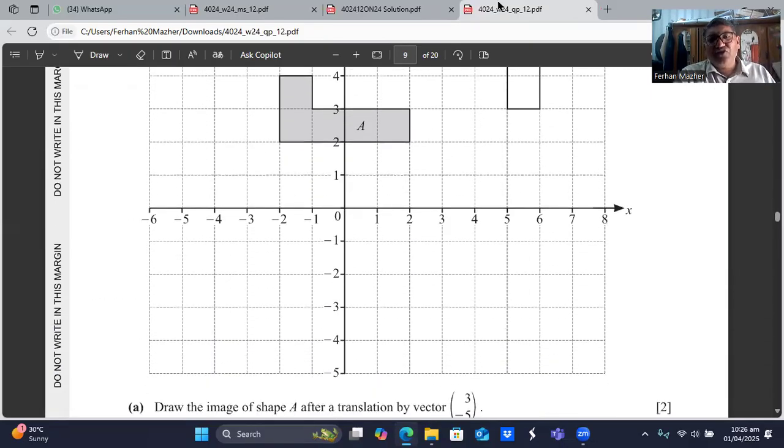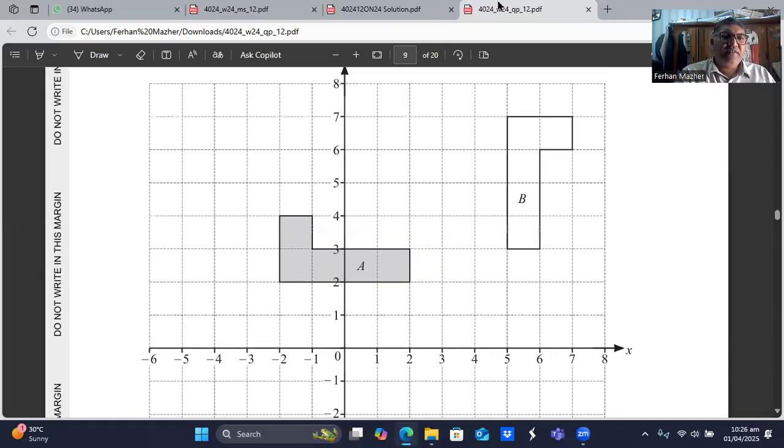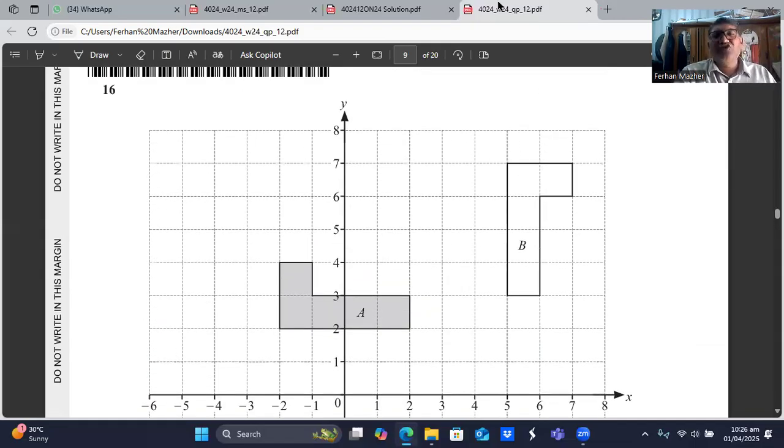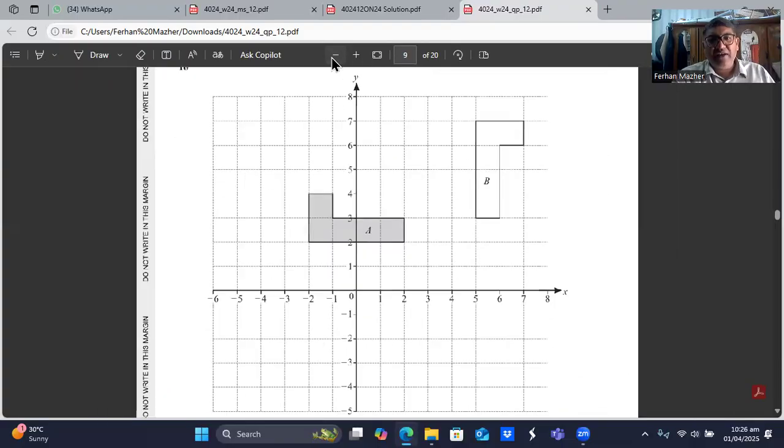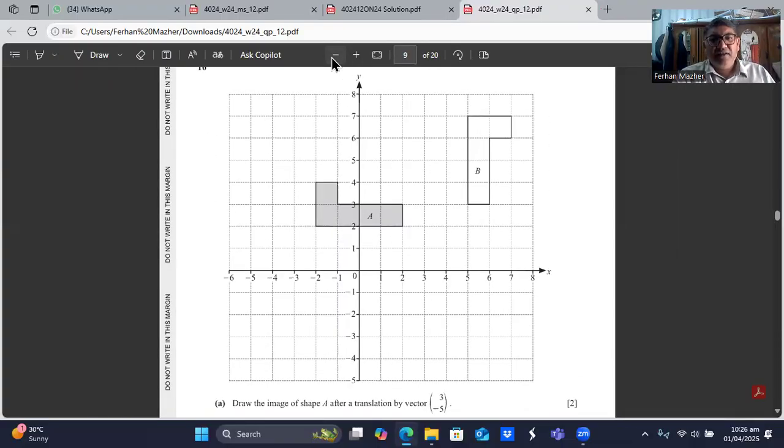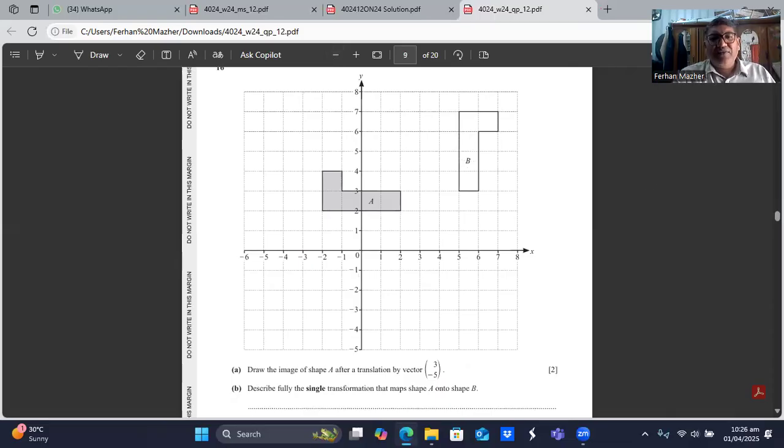The next question showing up on your screen is question number 16. Here we have a diagram A, diagram B. The first thing they are asking us is to draw the image of shape A after a translation by a vector 3, minus 5.